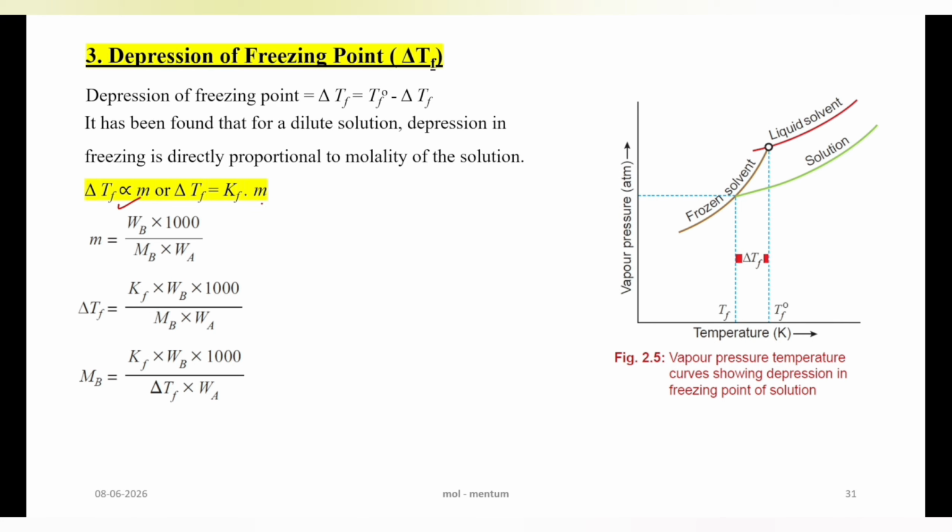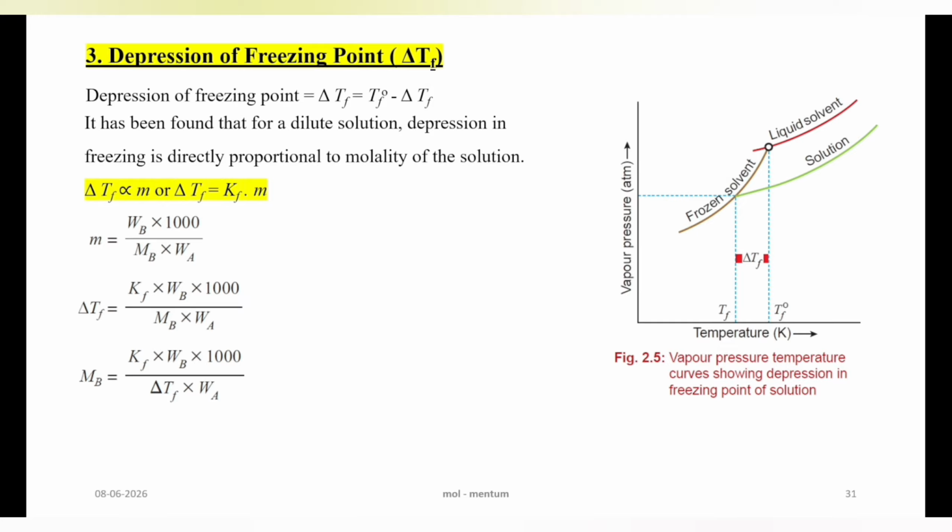If I remove this sign of proportionality, we get KF, and this molality is again represented in the form of WB by MB. Finally, the same process has to be followed, and we get this equation. This delta TF is the colligative property. This is the molar mass. So you can see this varies inversely. That means the colligative property varies inversely with the molar mass of the solute.